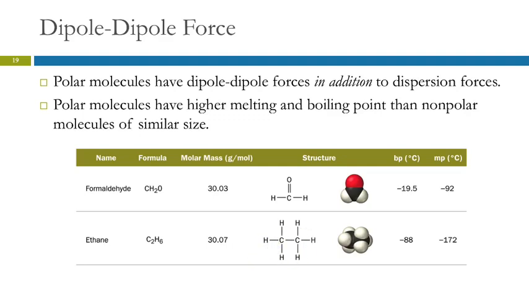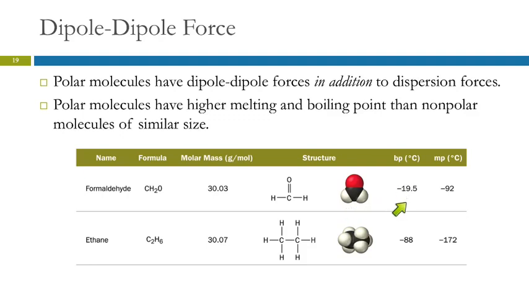And I've asked you to remember that a carbon-hydrogen bond is considered a nonpolar bond. So if all of the bonds are nonpolar, the molecule must be nonpolar. There's got to be something that's polar in order for the molecule to be polar. Over here, we have an oxygen-carbon bond, and so that's going to be a polar bond. Then we can think about molecular shape and predict that this is a polar molecule. It's got a negative end and a positive end.